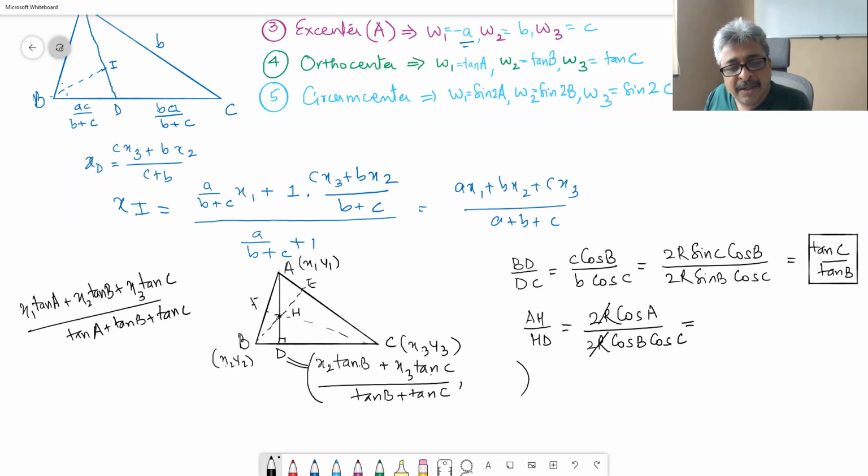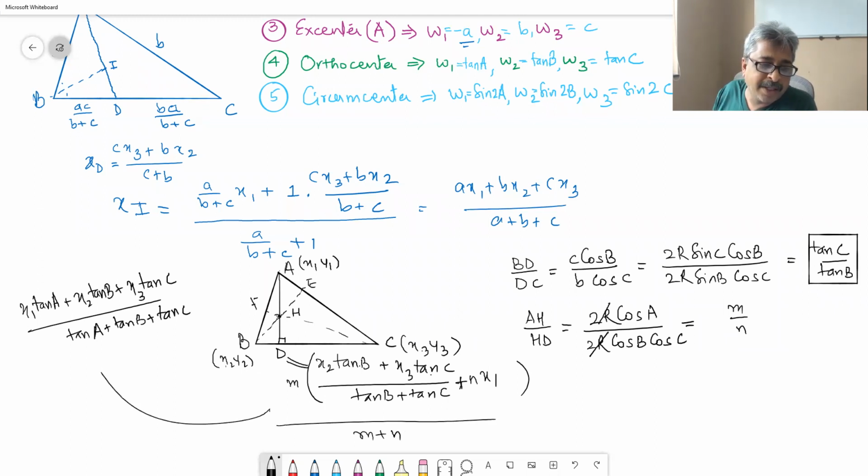So AH upon HD, let us say M upon N. So M into this coordinate plus N into x1, whole divided by M plus N. That is one way of looking at M upon N in terms of tan, and the second way is using trigonometry.